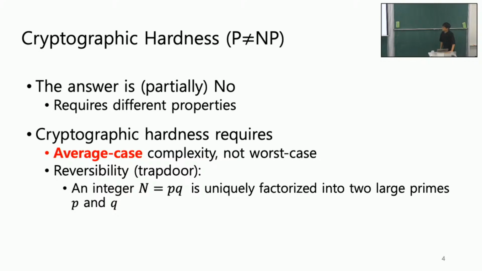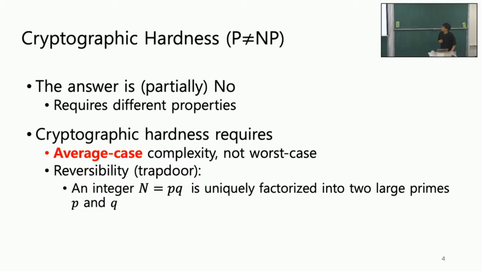Indeed, cryptographic hardness requires average-case complexity and reversibility, sometimes called the trapdoor. Average-case complexity says that a specific problem is hard on most instances from some explicit distribution. So worst-case complexity cannot guarantee average-case complexity.